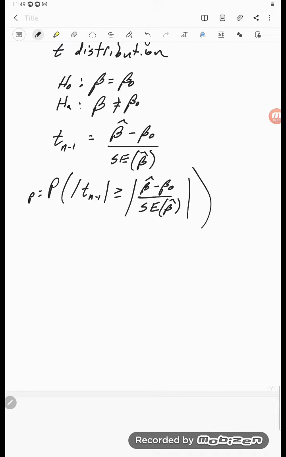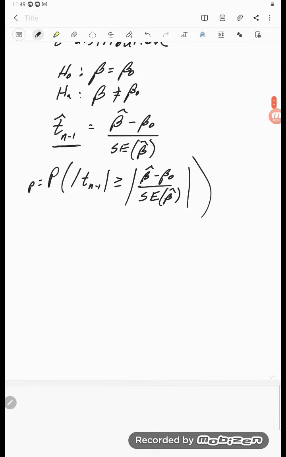Now, there's kind of a problem with notation in that that's our t statistic, so I'll call that t hat, because then this is just the general t distribution.